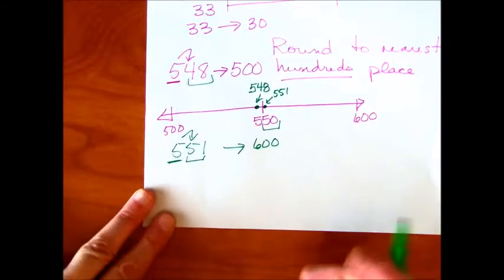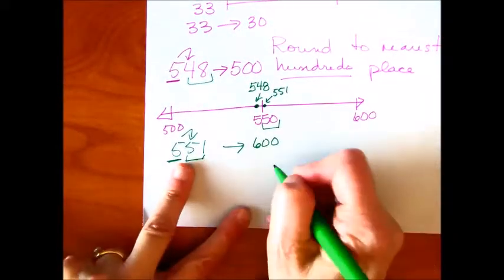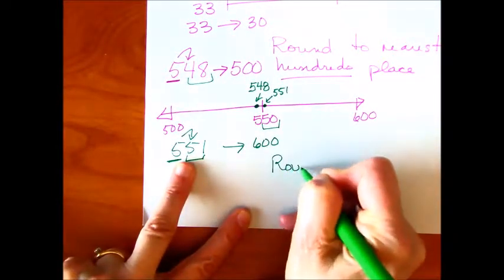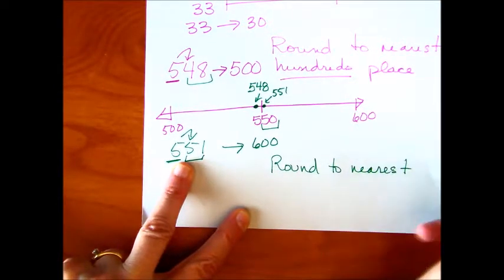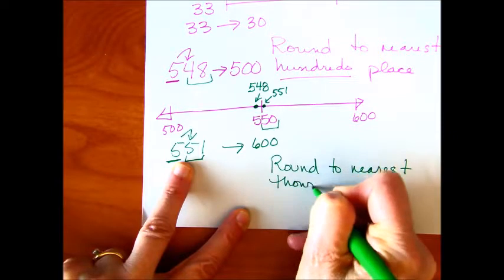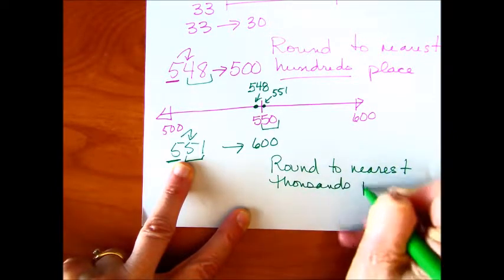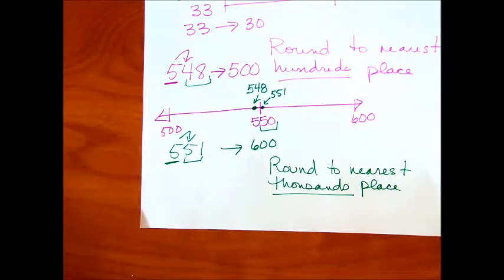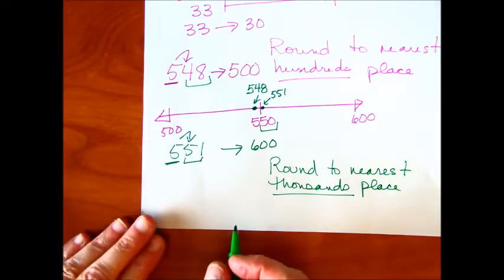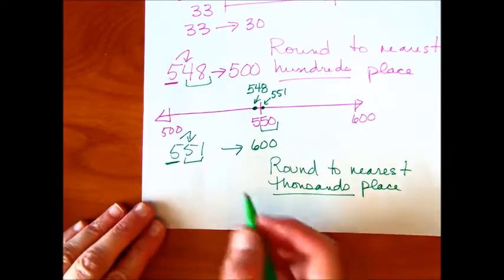Let's do 2 more problems. We're going to look at rounding to the nearest thousands place. Okay, now remember, thousands is a 4-digit number, and so we're going to have to identify that 4-digit number.